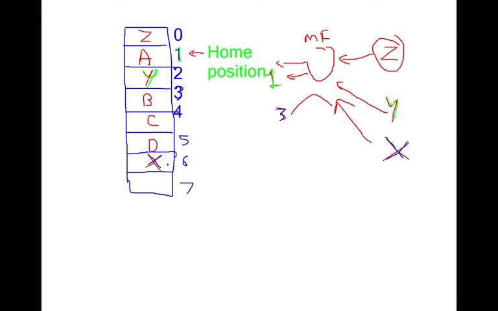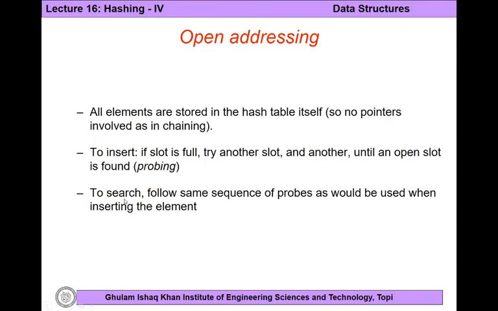So the home position of x is 3, although this x is not stored at 3. But its home position is what? It is 3, right? So this home position concept needs to be remembered, right?